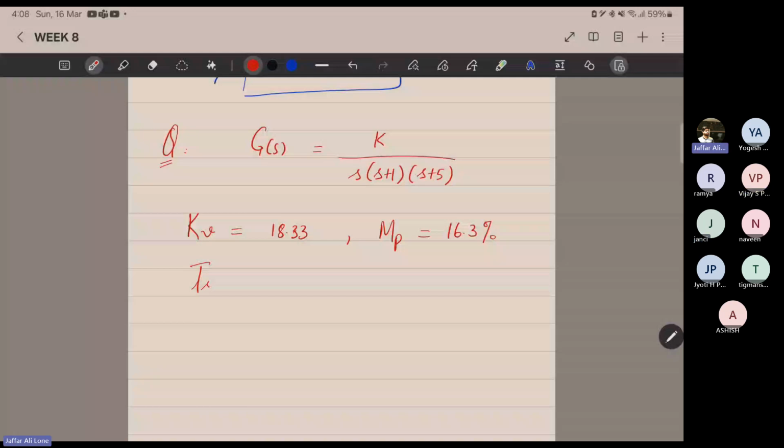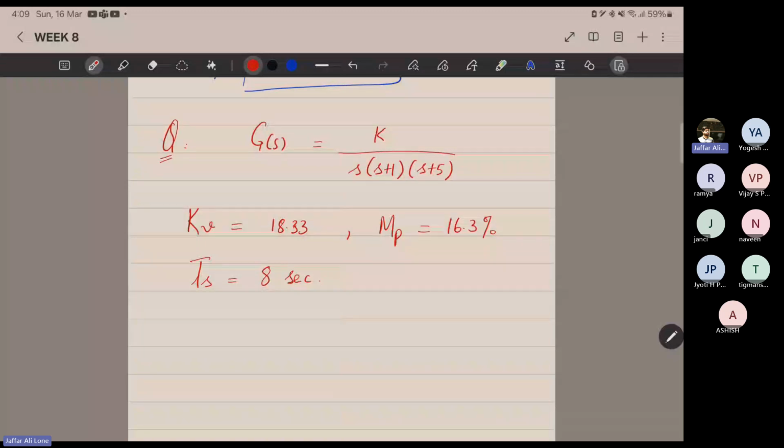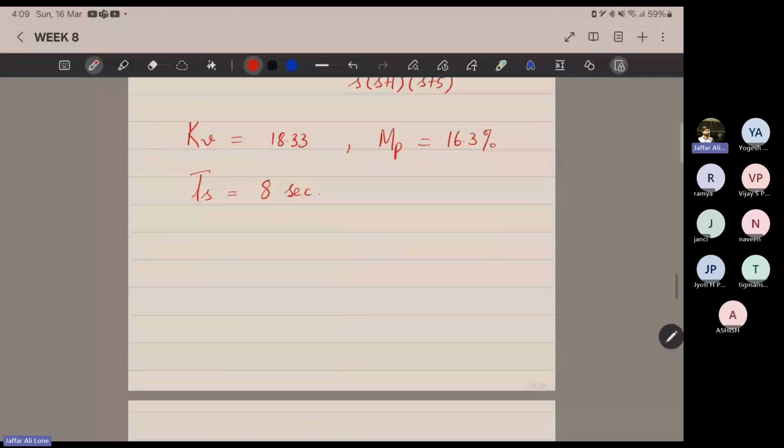So the question remains the same. I've given you another open loop transfer function, and I'm saying the compensated system has the velocity error constant as 18.33, the overshoot as 16.3%, and settling time as 8 seconds. Your question number 1 is, find the dominant poles.